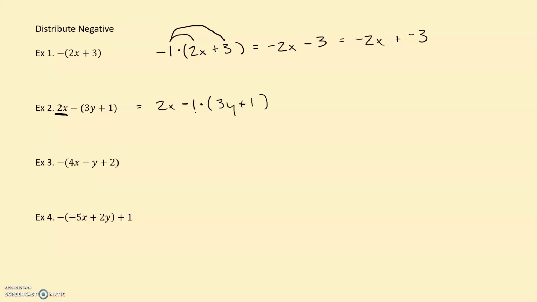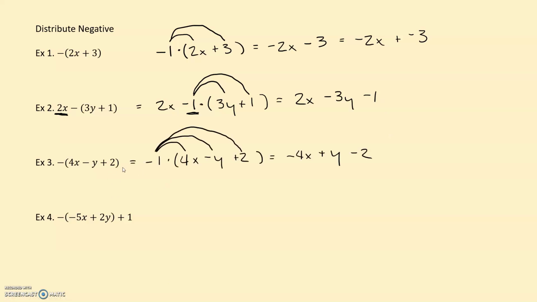So really what we want to distribute is the -1. This 2x is going to stay out there by itself. We're not multiplying this 2x by anything, so we don't need to distribute. The -1 is what's being multiplied. So we distribute that. We have 2x, and then -1 times 3y is going to be -3y, and then -1 times 1 is -1.